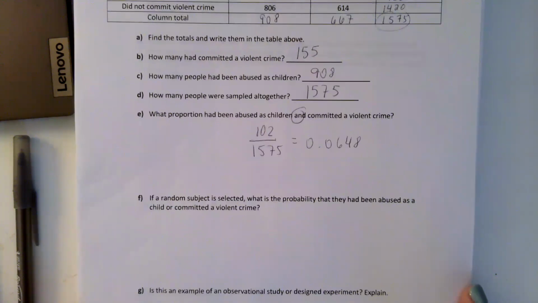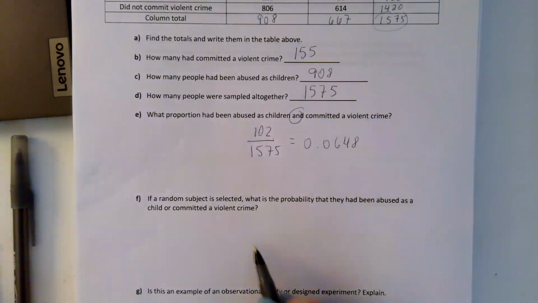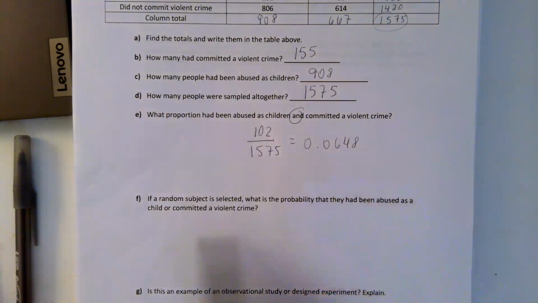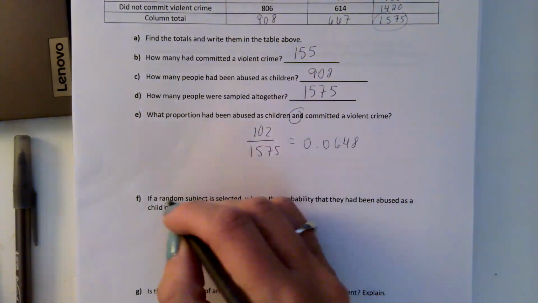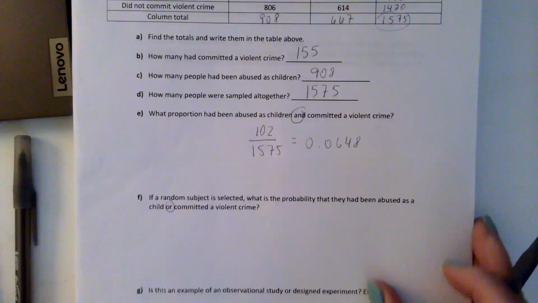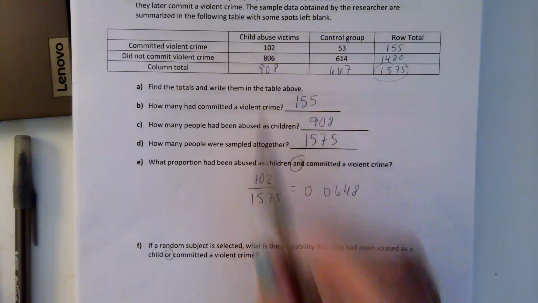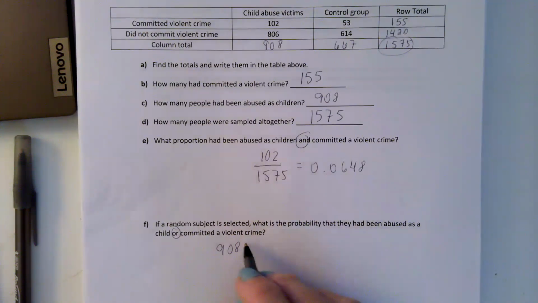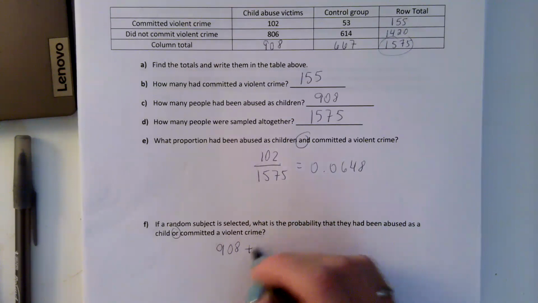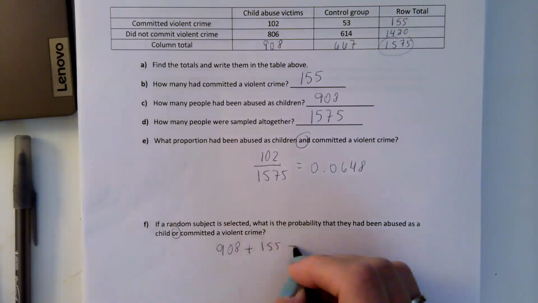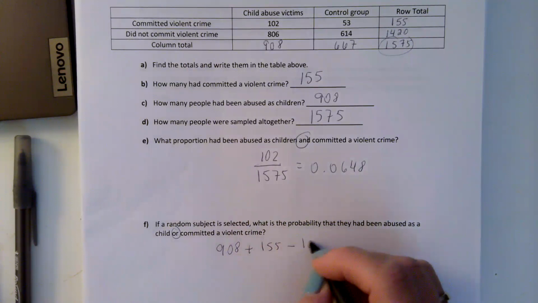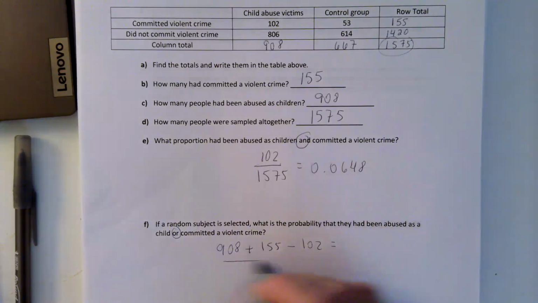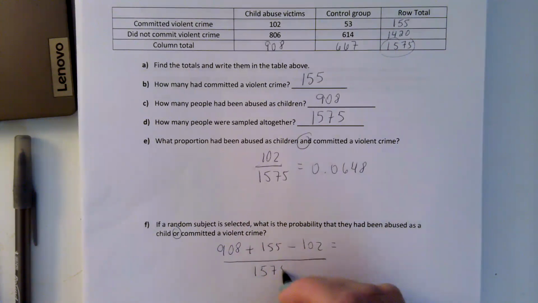F says, if a random subject is selected, what is the probability that they have been abused as a child or committed a violent crime? So have been abused as a child, 908, or committed a violent crime would be the plus 155. And then we have to subtract away the overlap, the 102, out of the 1,575.